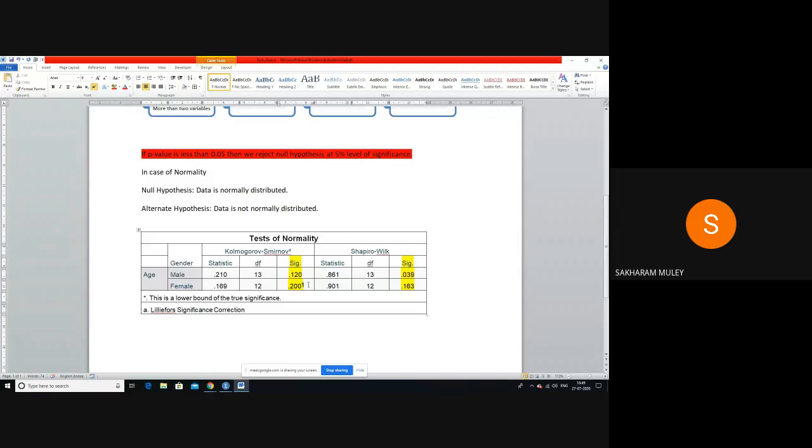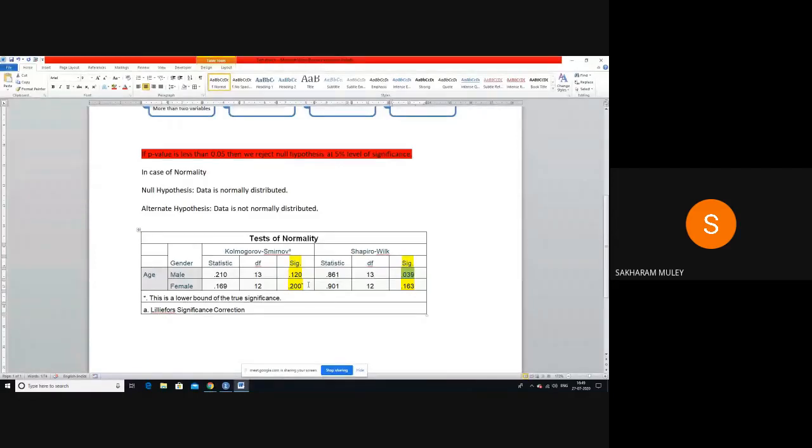But if it is less than 0.200 but greater than 0.05, then we can say that it is approximately normally distributed. There is a lot of literature which says that we should rely on the Shapiro-Wilk test, because this test is considered to be more powerful.